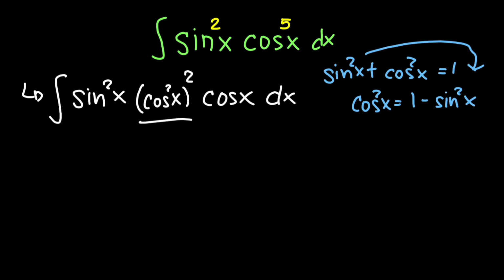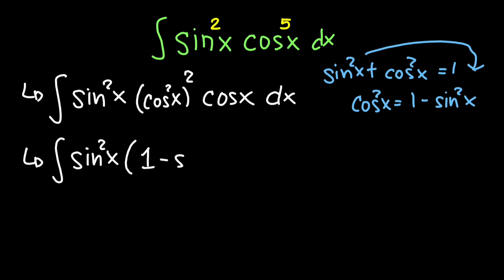This is the same as cosine to the power 4 of x. Now that we have that, transform this one and copy the rest first.